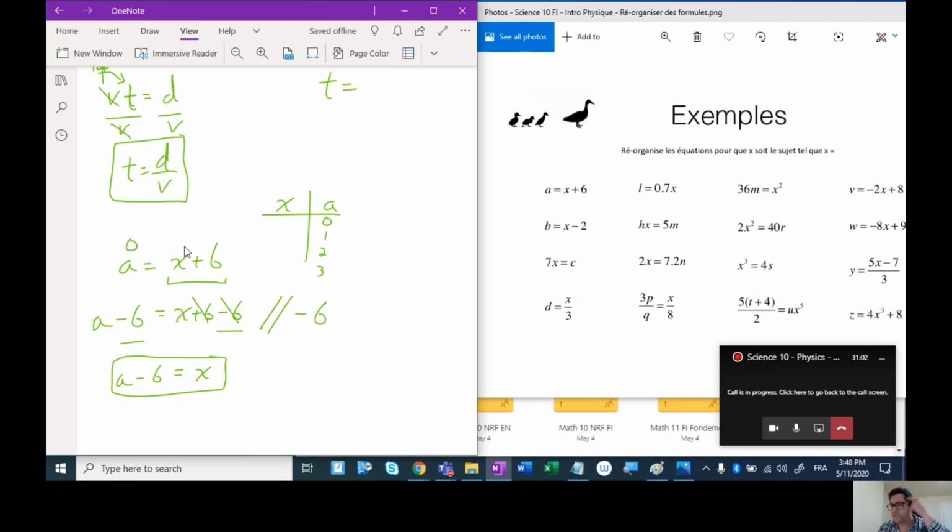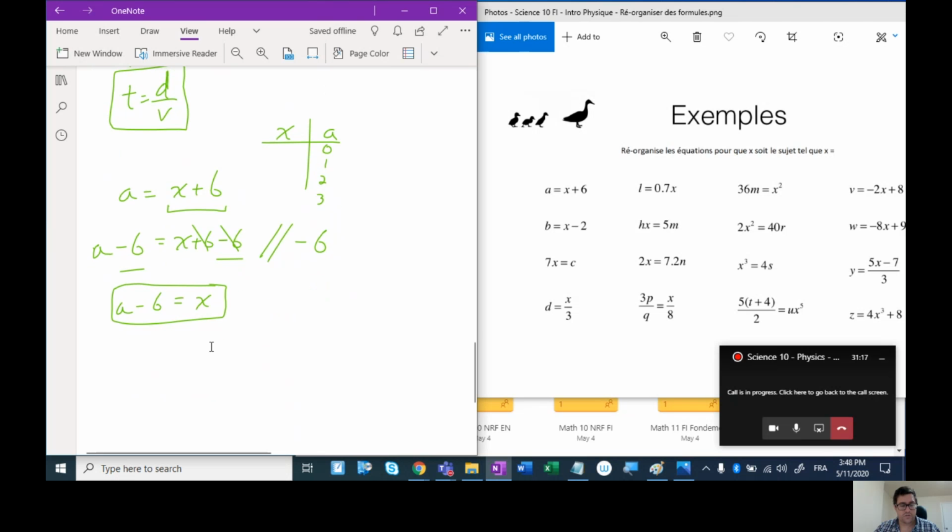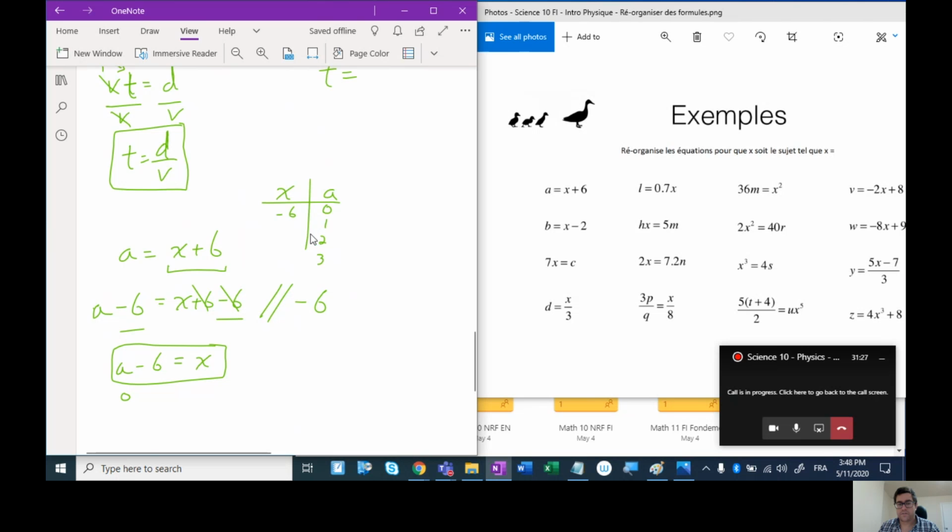Can you see what's going on in the head right now? We're trying to figure out what this mystery box is. What a waste of time. What a waste of energy. Let's not do that. Instead, let's do the operation, end up with this equation, and from this equation it becomes really easy. 0 minus 6 is x, so minus 6.